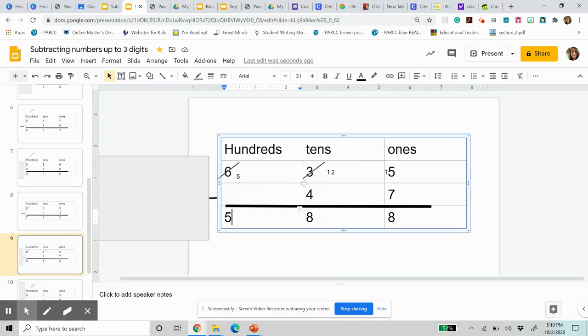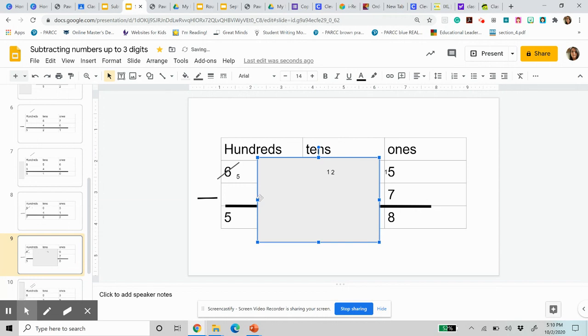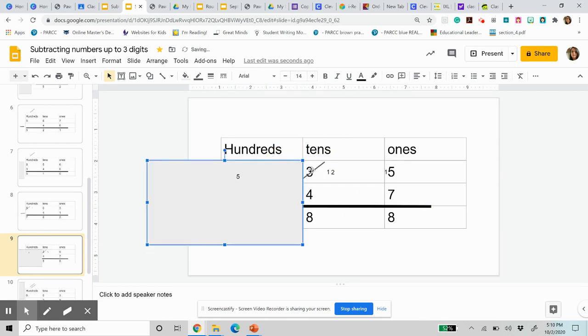Now, sometimes kids get annoyed because that's a lot of work. They feel like it's a lot of work. But it really is just going place by place. If you're starting there, 5, you can't take away 7. So you have to ask your neighbor, hey neighbor, right? They unbundled, they became 2, this became a 15.